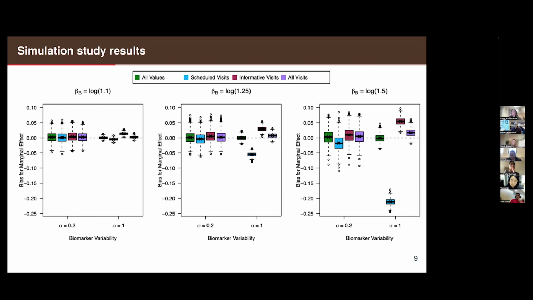So just looking at the far right-hand side where beta B equals log of 1.5, what we're seeing there is obviously if we had all the values, we would do fine, no problem. If we only have access to information from scheduled visits, we see pretty substantial attenuation towards the null.